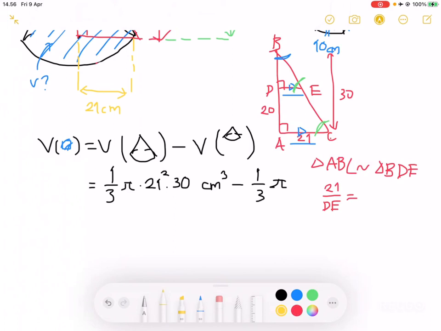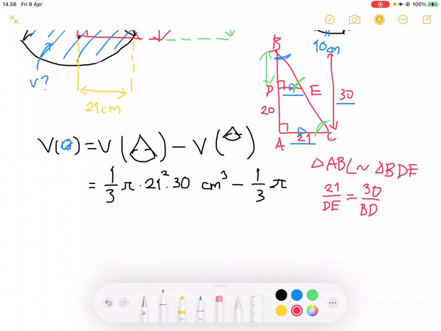just use the heights for our advantage here. So we have 21 as our base for the larger triangle. That means we can choose 30 as the height of our larger triangle. Likewise, we can choose length BD here as our height for the smaller triangle.